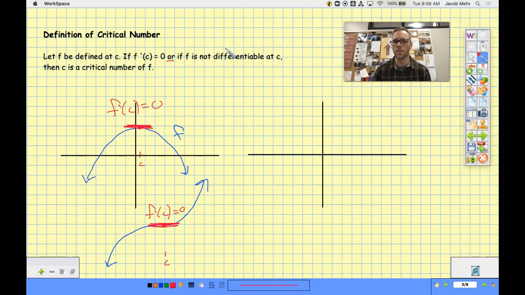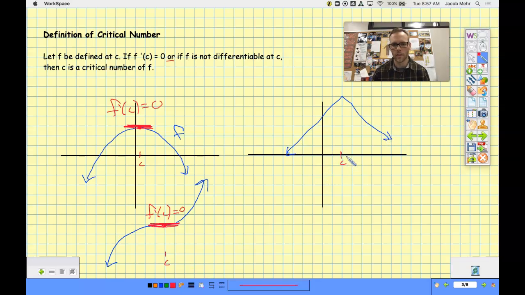All right, so that's this part. Or if f is not differentiable. And what does it mean for a function to be not differentiable at a point? It means there is no slope of that tangent line, and that can happen a couple different ways. You may recall that we talked about sharp turns as not being differentiable.